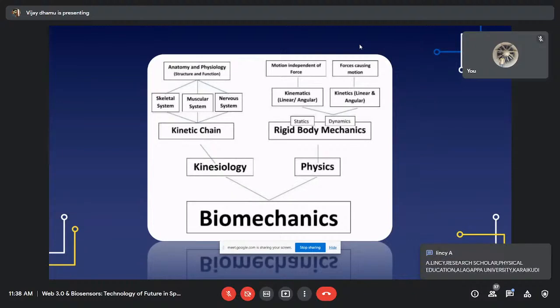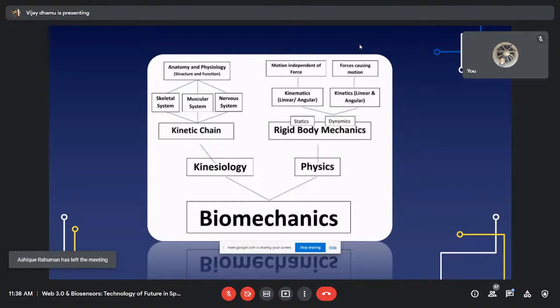We call them electric potentials. So it is a mix of multiple different subjects coming together, and also physical education. All these different topics come together to form this beautiful subject of biomechanics.